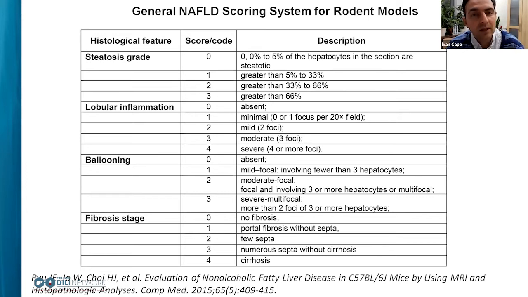But if we have a chronic experiment, we can expect more inflammatory reaction to the damage, and as a result we will have, for example, higher lobular inflammation. Ballooning is the part where we talk about parenchymatous degeneration, and fibrosis are usually found in the later form of regeneration of the liver, and it's also something we usually evaluate in chronic types of experiment.